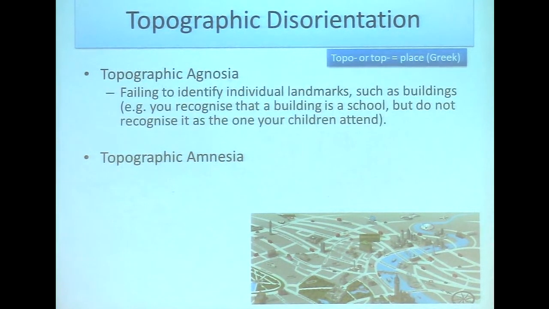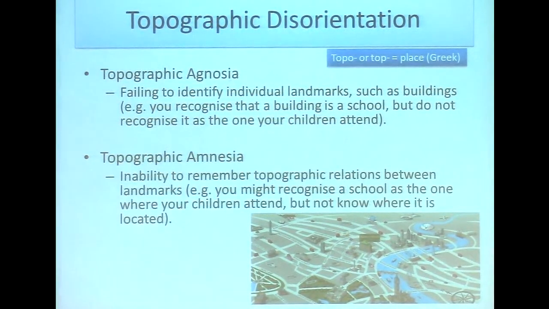Now, topographic agnosia is failing to identify individual landmarks, such as buildings. For example, you recognize that a building is a school, but you do not recognize it as the one your children attend. Or you see a church, you see it's a church, but you don't recognize it as your church. Okay, that's topographic agnosia.